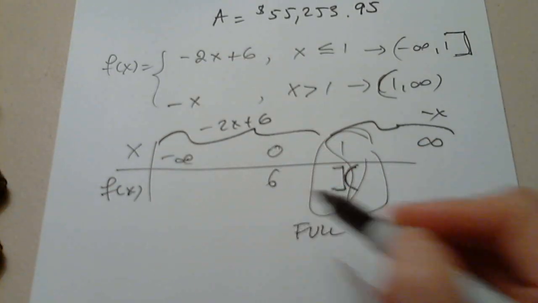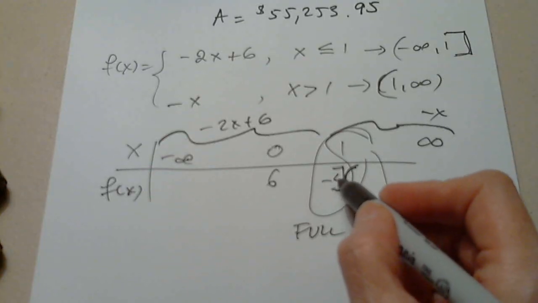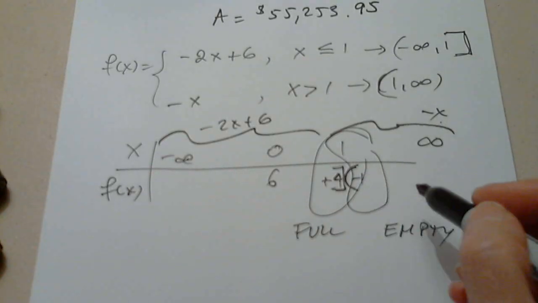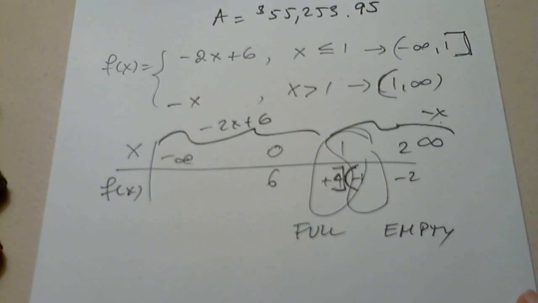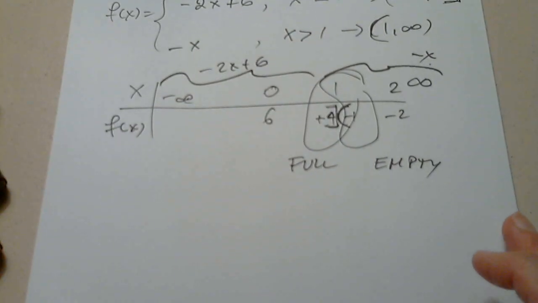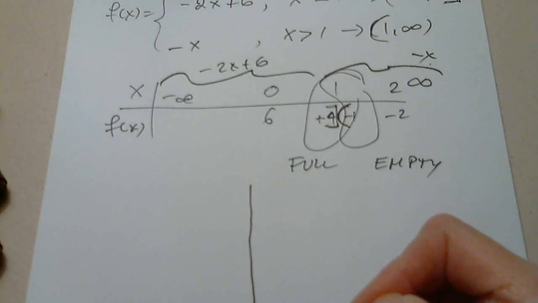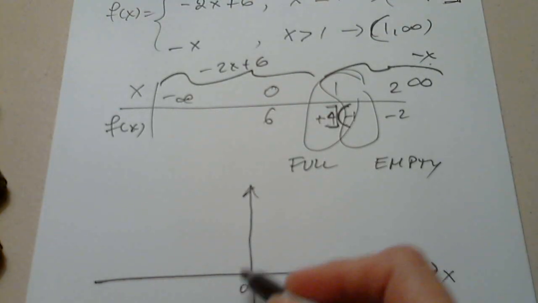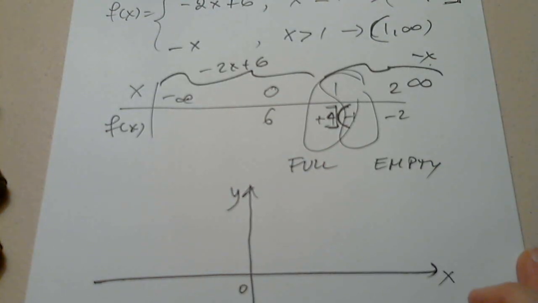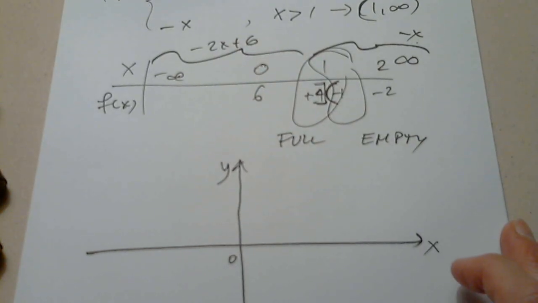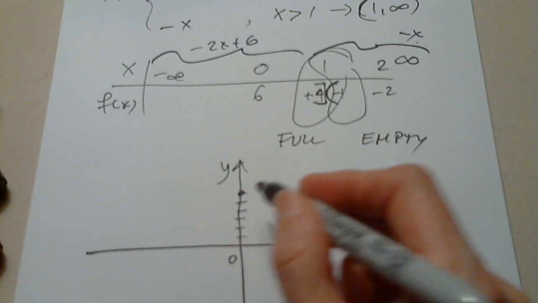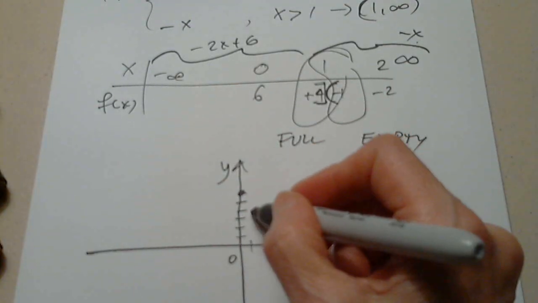I will plug in 0 and get 6. I will plug in 1 and I get positive 4. I will plug in 1, I'll get negative 1, and I will plug in 2 and I get negative 2. This problem should not take more than half a minute. It's just algebra. There is nothing about calculus in it. Okay, so 0, 6, 1, 2, 3, 4, 5, 6, and 1 comma 4.